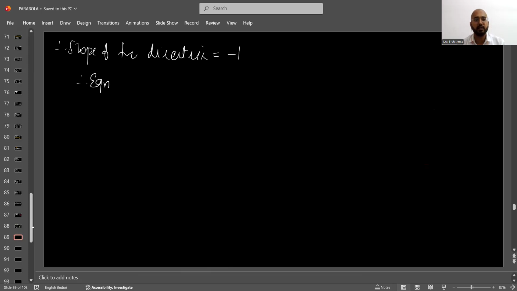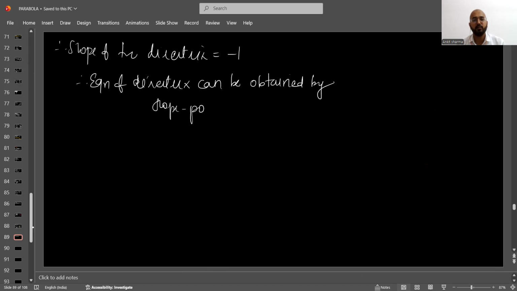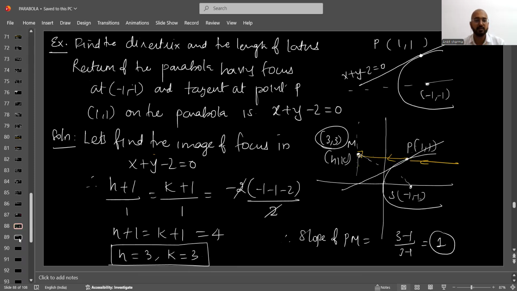So the equation of the directrix can be obtained by slope point form. Now, the point is 3 comma 3, of course.